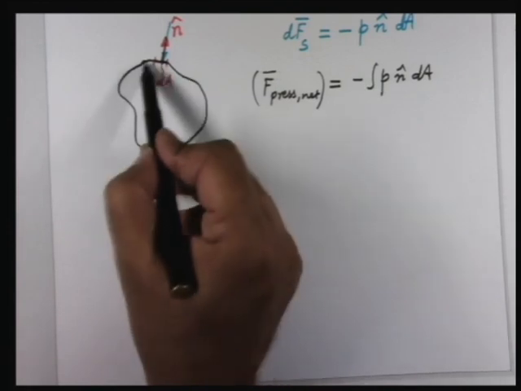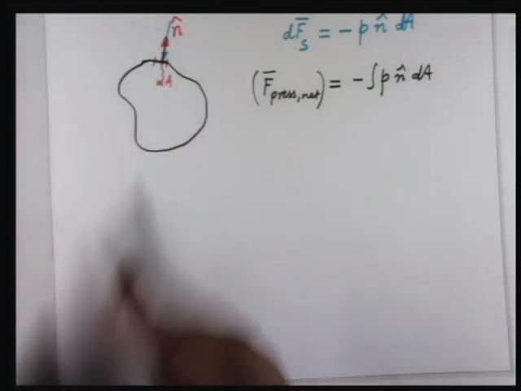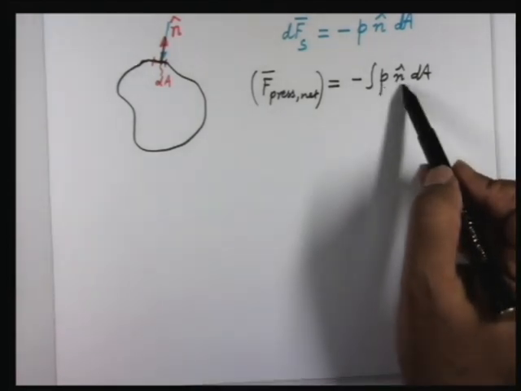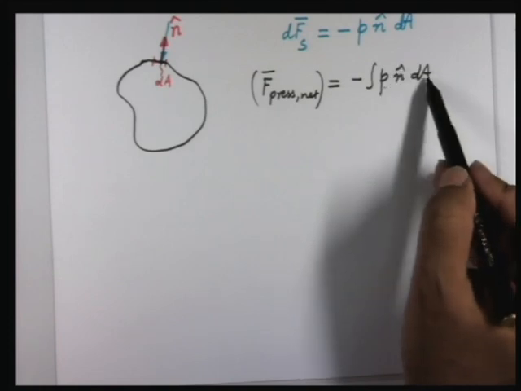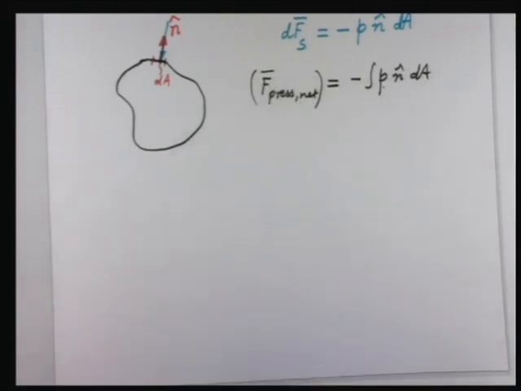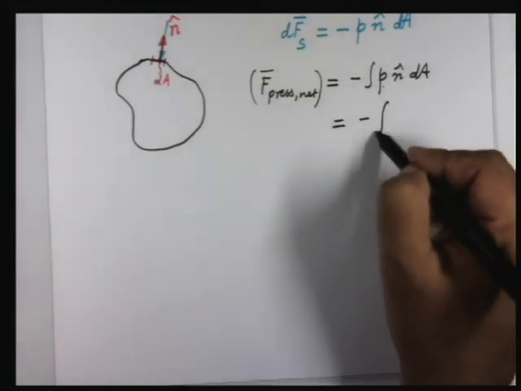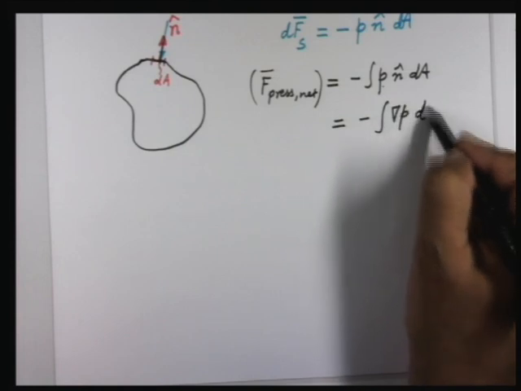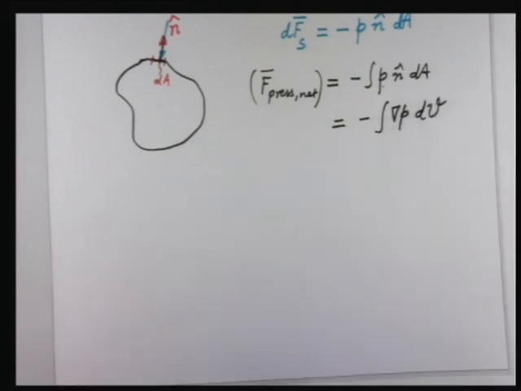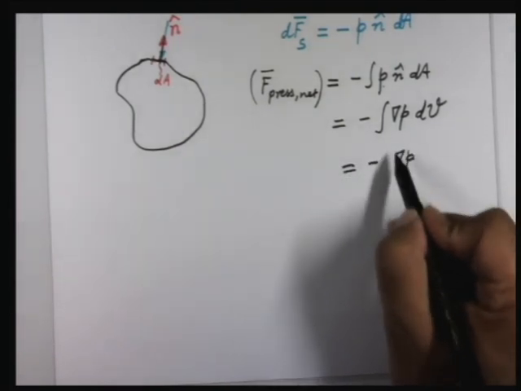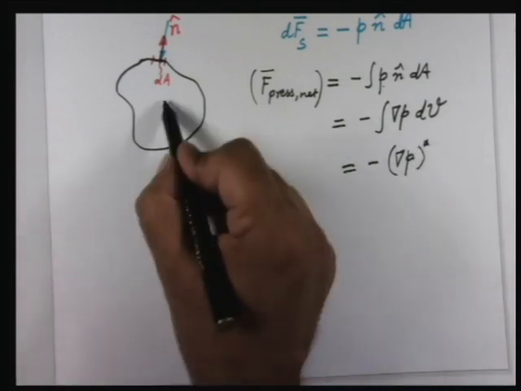So you have to take different area elements. They will have different orientations, so the direction of the forces will also be different, and the magnitude will also be different. So P multiplied by n, this n takes care of the direction, dA. If you integrate, you get straight away the total force. Now, this we can convert to a volume integral as minus grad P dV using the divergence theorem. Now, if you use the mean value theorem, I can write this as minus grad P at some point inside this volume, into the volume.